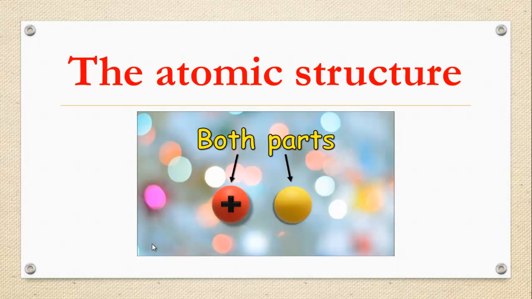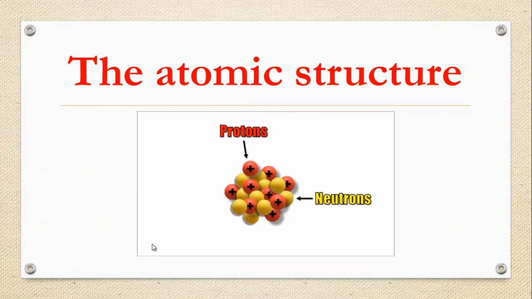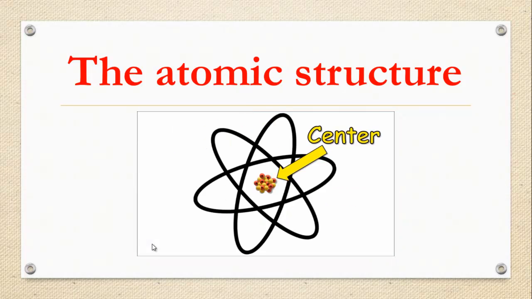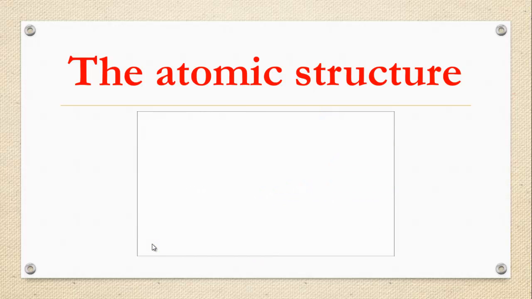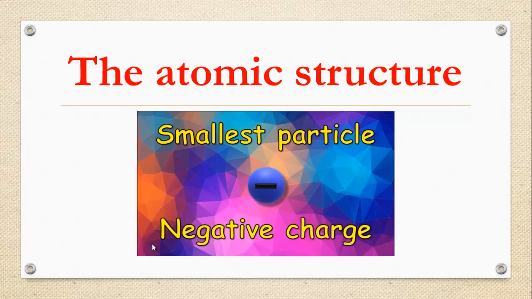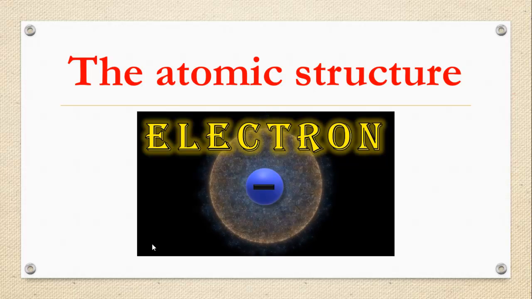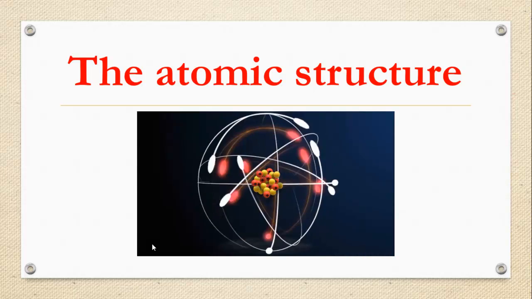Both hang out in the nucleus, the center of the atom. The third part is the smallest particle with a negative charge, the electron, and it spins around the nucleus of the atom, just like an orbit.